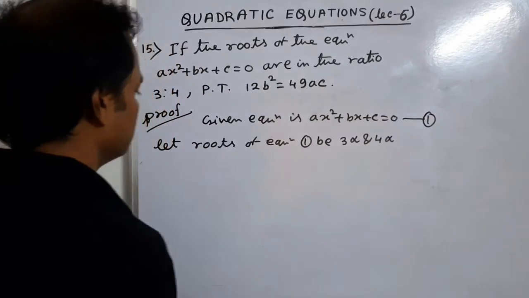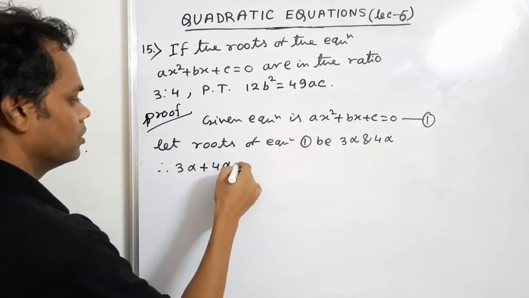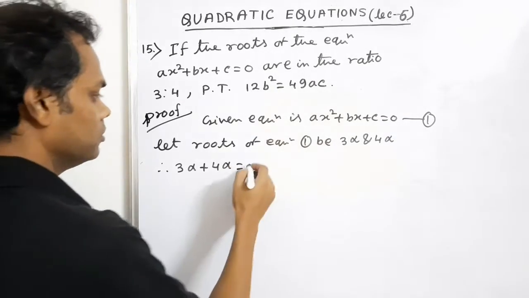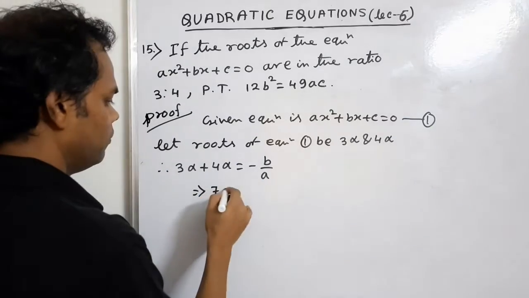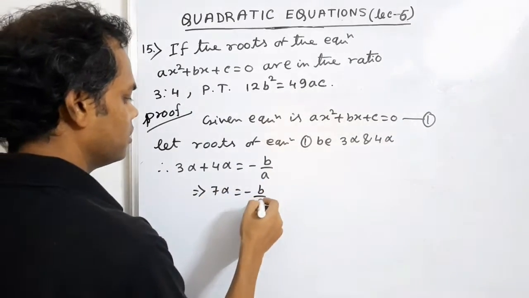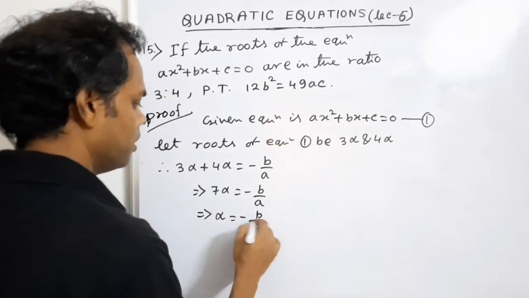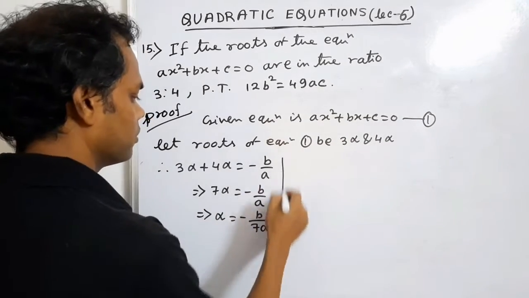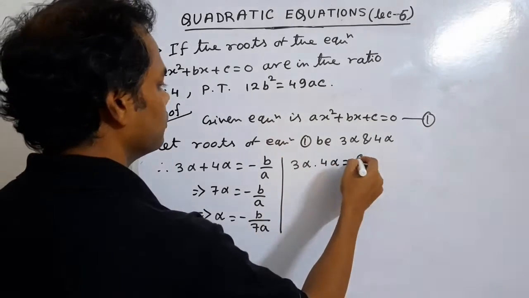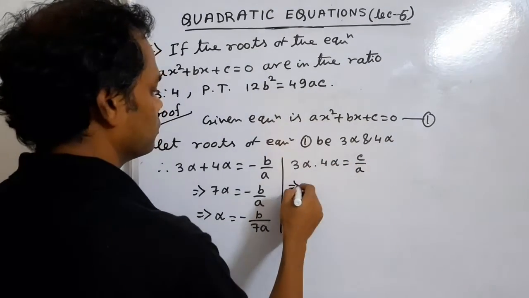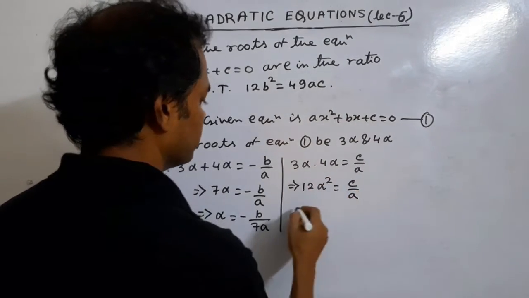This is equation 1. Therefore 3 alpha plus 4 alpha is equals to minus b by a. So 7 alpha equals to minus b by a. So alpha equals to minus b by 7a. And product of roots 3 alpha into 4 alpha equal to c by a. So 12 alpha square equals to c by a.